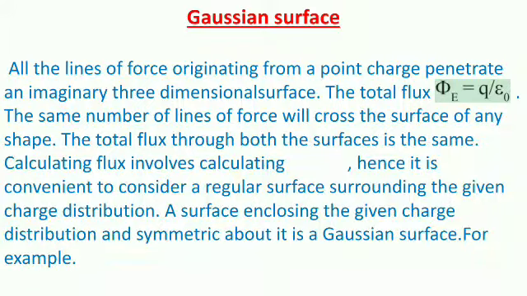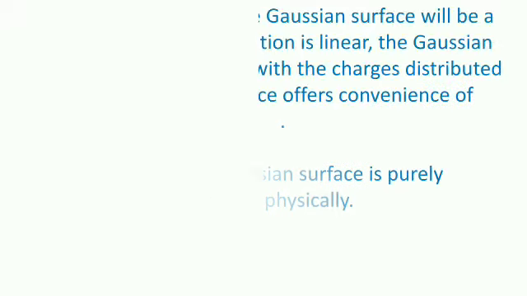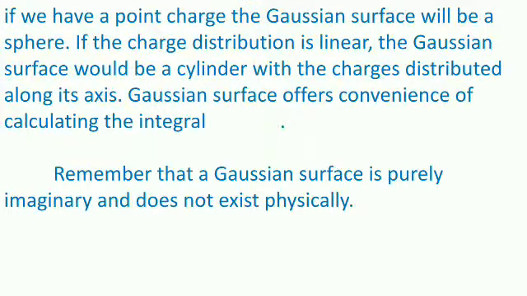Calculating flux involves calculating the integration of vector E dot vector ds. Hence, it is convenient to consider a regular surface surrounding the given charge distribution. A surface enclosing the given charge distribution and symmetric about it is a Gaussian surface. For example, if we have a point charge, the Gaussian surface will be a sphere.